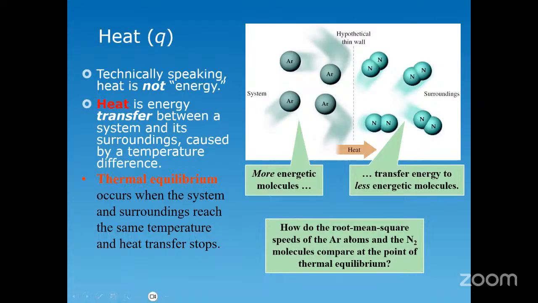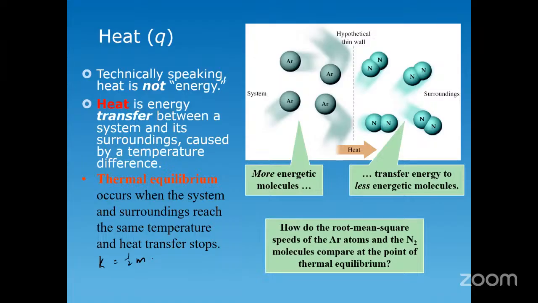Now, a question is being asked here. How do the root mean squared speeds of the argon atoms and the nitrogen molecules compare at the point of thermal equilibrium? Well, if you remember, one way of looking at it is that the kinetic energy is equal to half m v squared.